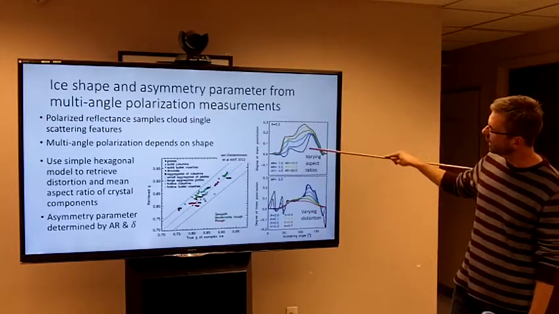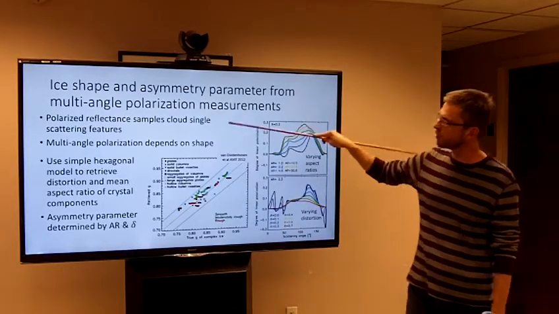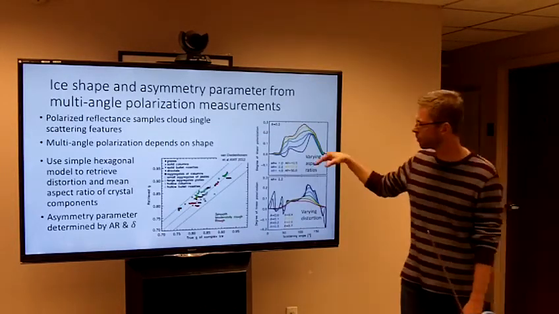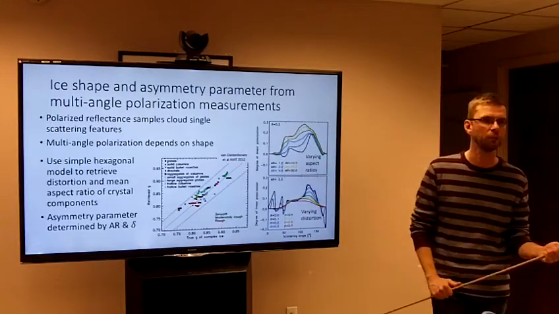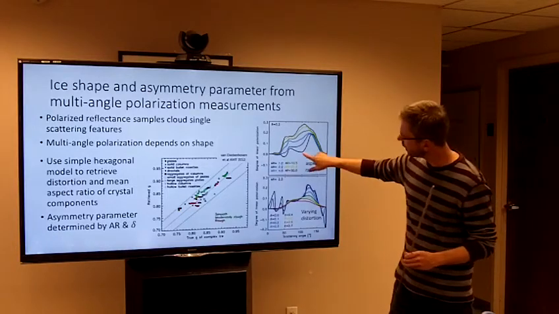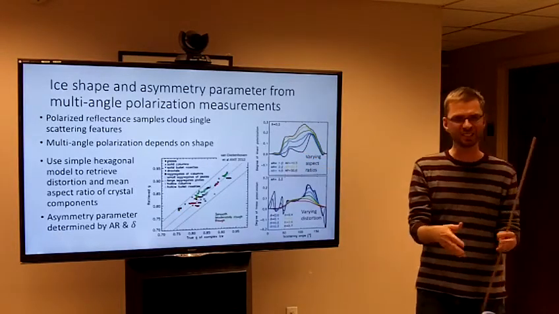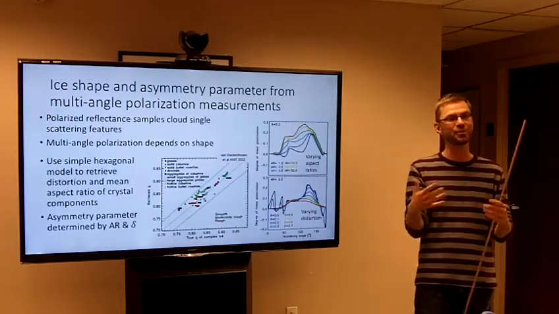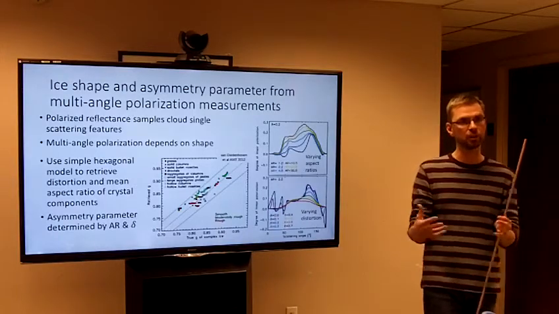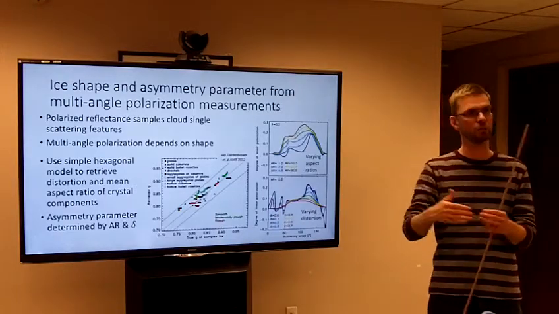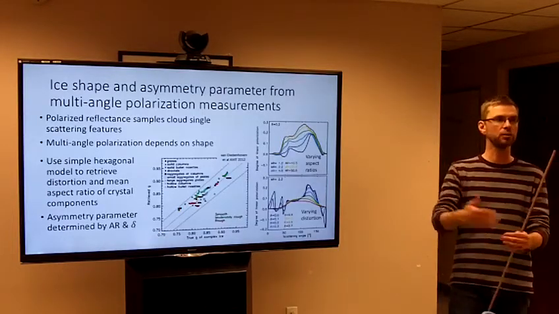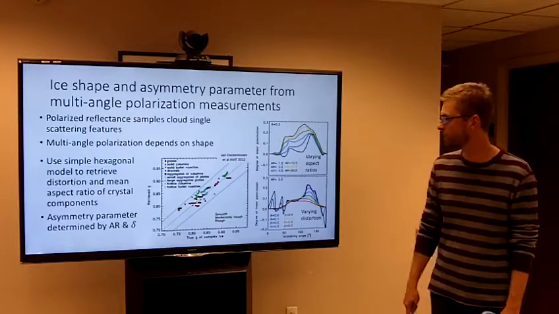With multi-angle polarization measurements, you sample those polarization structures. By matching the measured multi-angle polarized reflectances with simulated polarized reflectances for different aspect ratios and distortions, I can retrieve the aspect ratio and distortion, and also the asymmetry parameter.